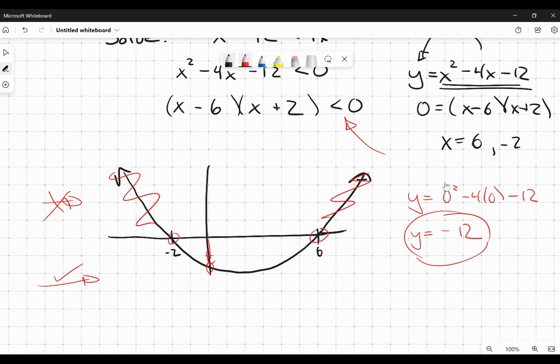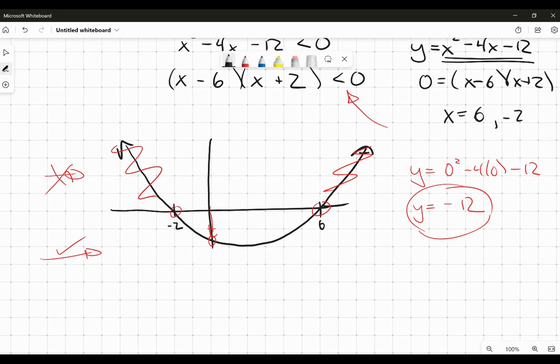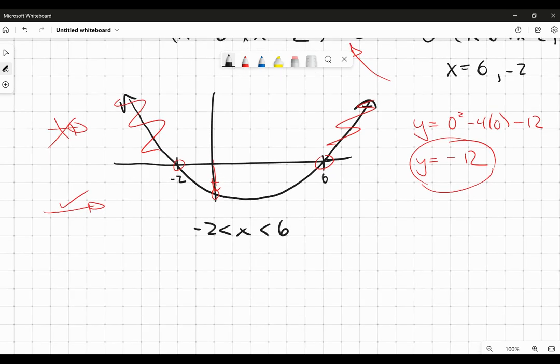That is going to happen so long as x is greater than negative 2 but at the same time less than 6. And if I was to write that in interval notation, I would write that as negative 2 to 6. So x is going to be any value in that particular interval.